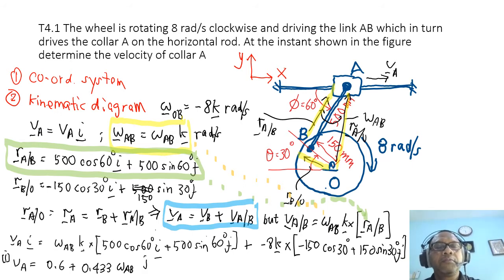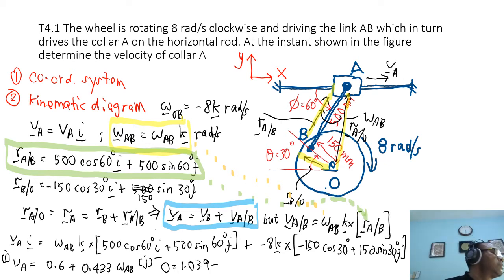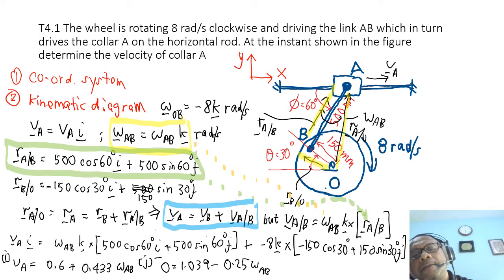And then for the j part, you will get 0 equals 1.039 minus 0.25 omega AB. So that gives you the answer: omega AB equals 4.6 radian per second.